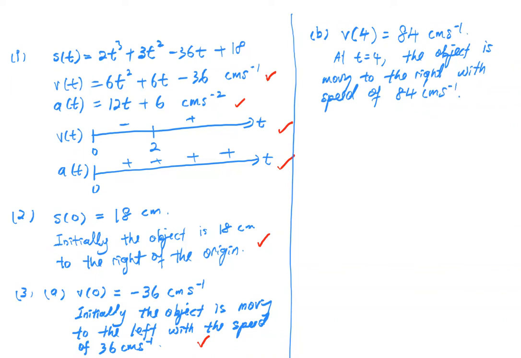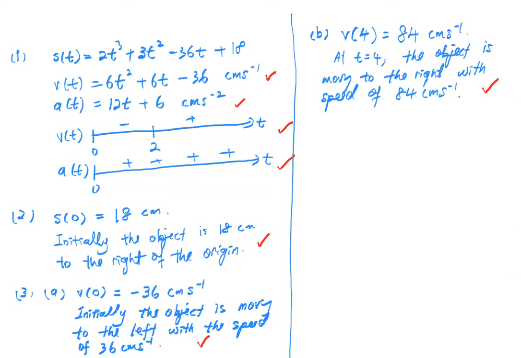Okay, done. You see how easy can we get the mark? Another 1 mark. Okay, so we are done with part B.